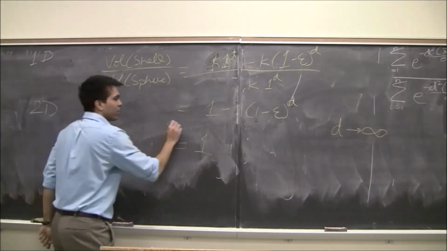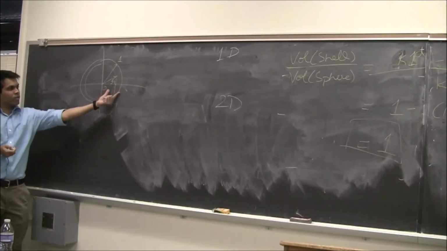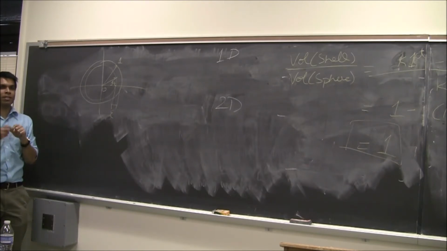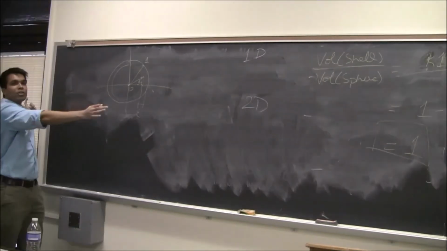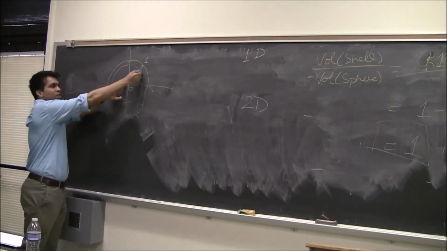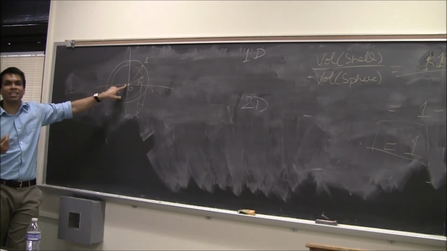Okay? The ratio of the volume of the shell to the sphere is approaching 1, which means most of the mass is lying at the extremes. Right? If you're a data point and data has been sampled uniformly in this d-dimensional space, most of your neighbors are lying here. Does that ring in?